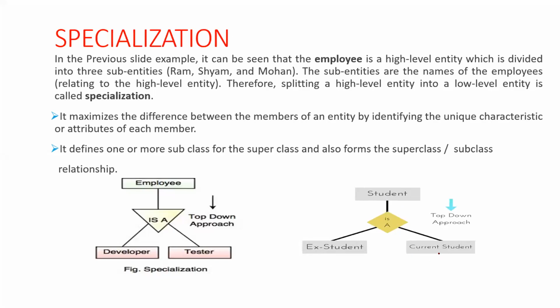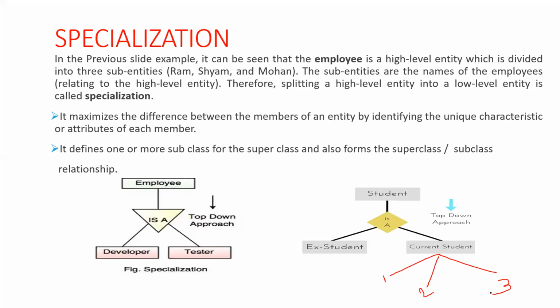Again, the current student is broken down by department. We have three departments: one is IT, second CSC, and third EC. Whether he belongs to the first, second, or third department.